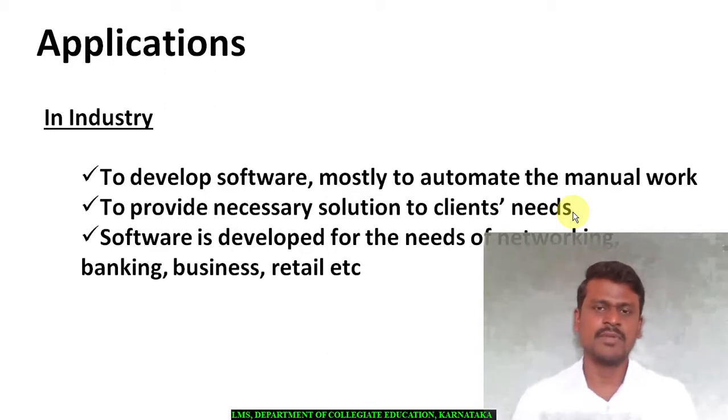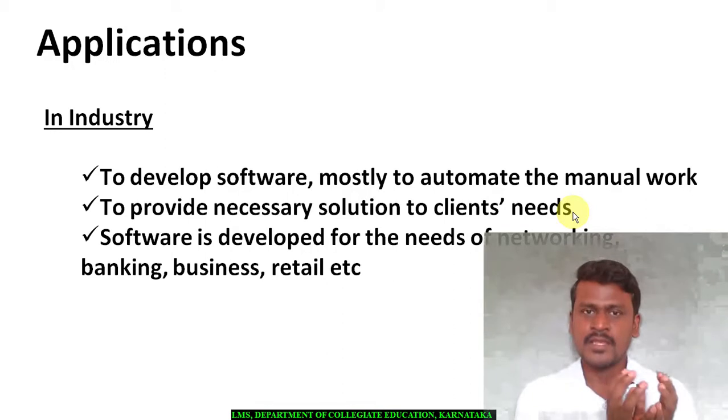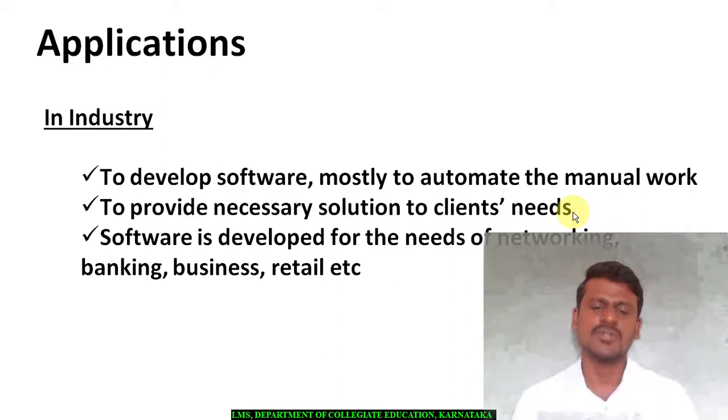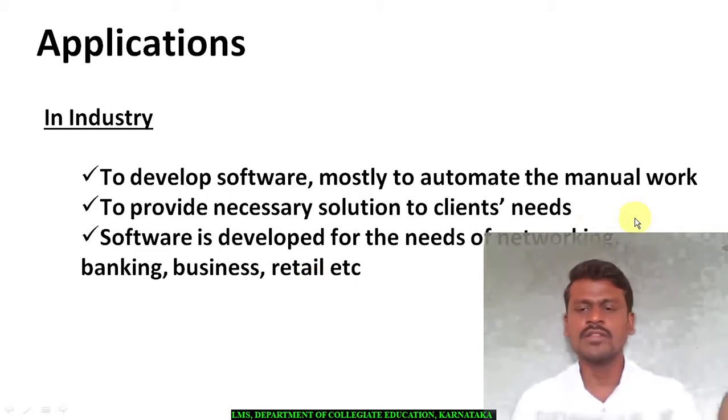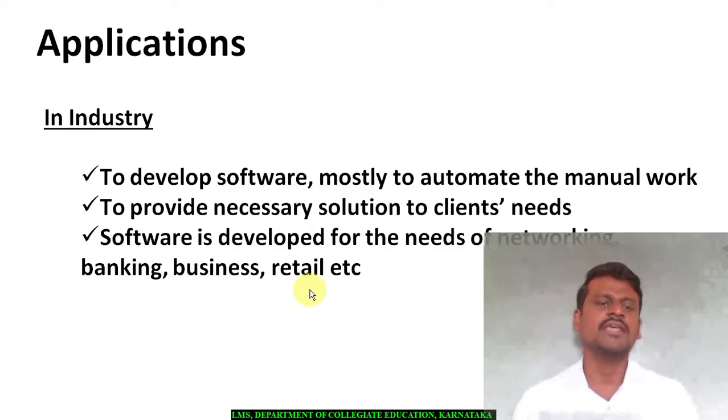The client gives the exact need, and the industry provides the exact software. Software is developed for the needs of networking, banking, business, retail, and e-commerce. You can take any area, and software will be developed for each of them.